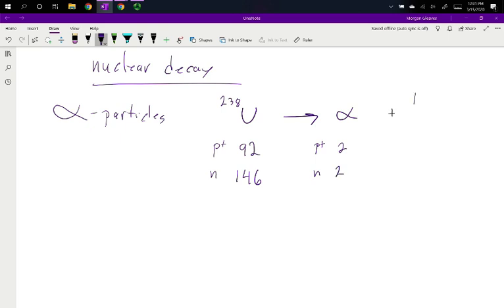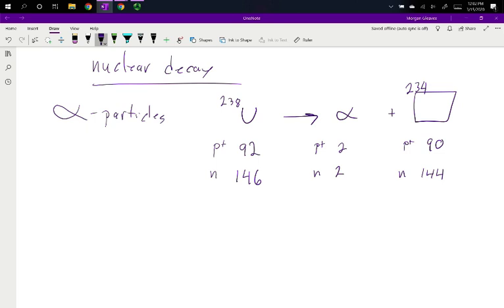Well, then there's something left over that will have protons and neutrons, and it will have whatever's left. So it'll be 90 protons and 144 neutrons. Which means whatever this is has 234 pieces, 90 of which are protons. Well, that's not uranium.